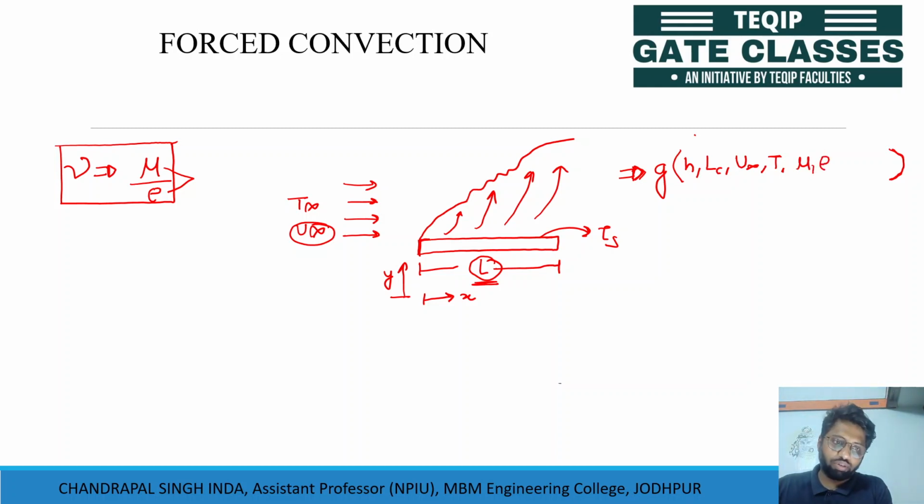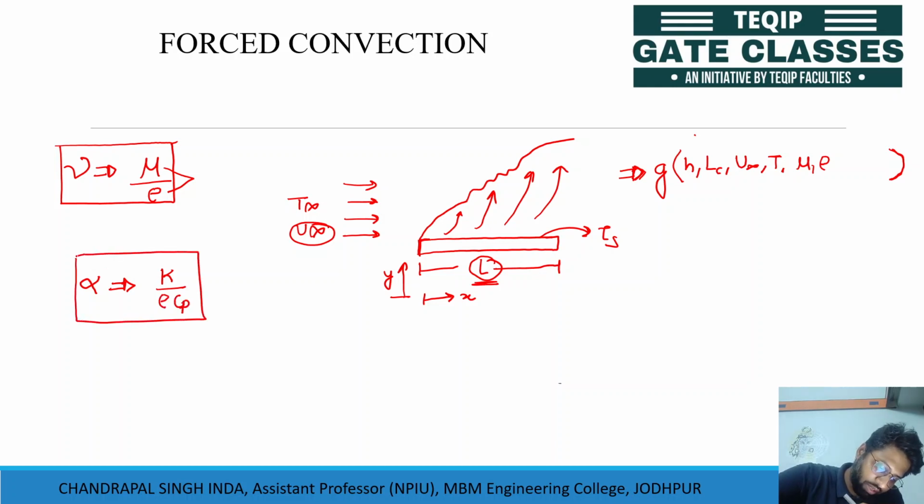Now, as there will be heat diffusion also, we have thermal diffusivity or heat diffusivity, denoted as alpha, which is equal to K by rho Cp.